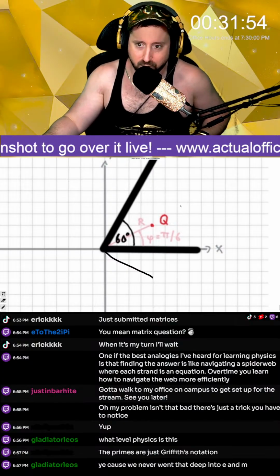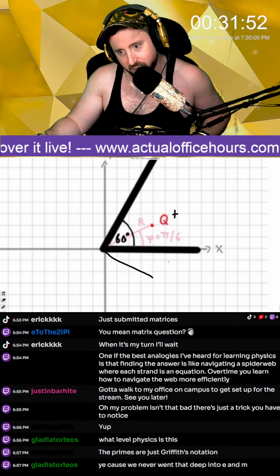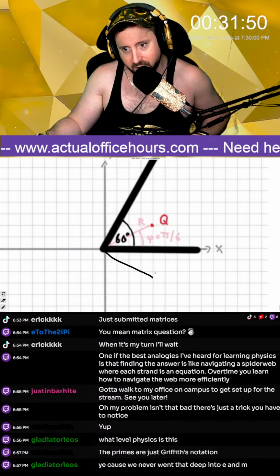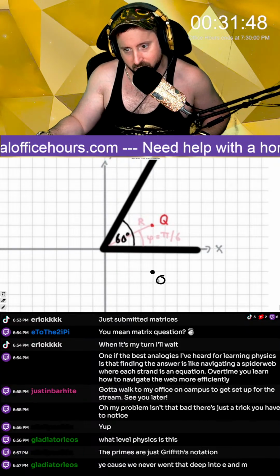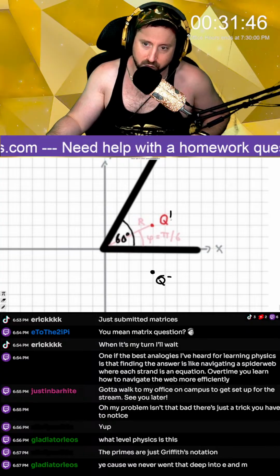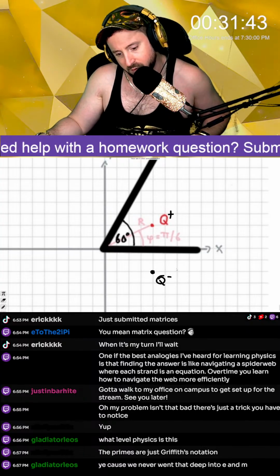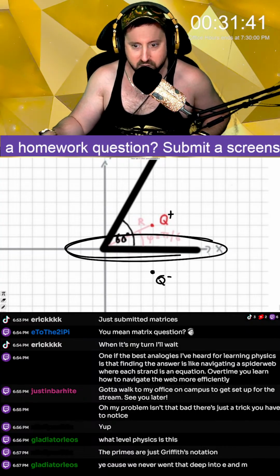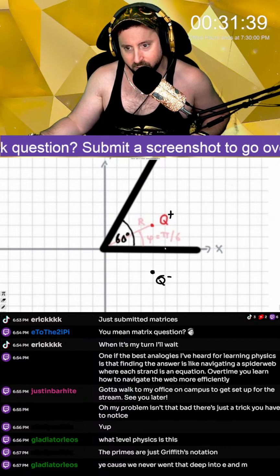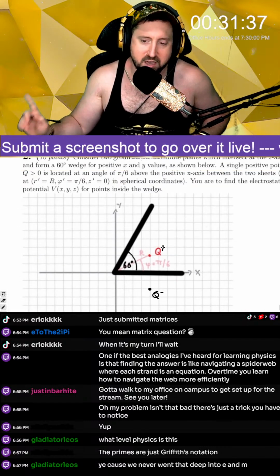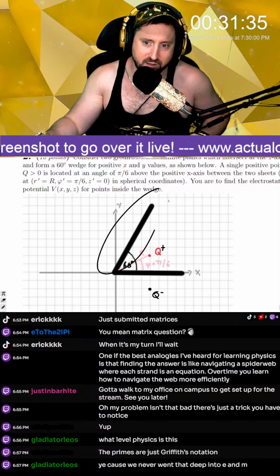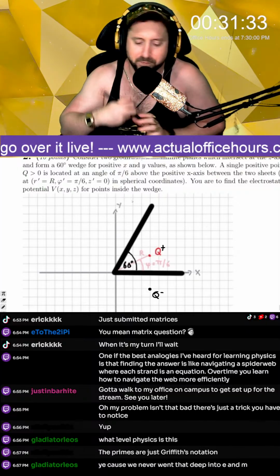And it depends on the charge, right? If this one is positive, then I think I need another charge here, which is Q minus. Let's just pretend this is positive. And then that should create an equipotential here, which is the same thing as being grounded. The issue is that then this is not grounded.